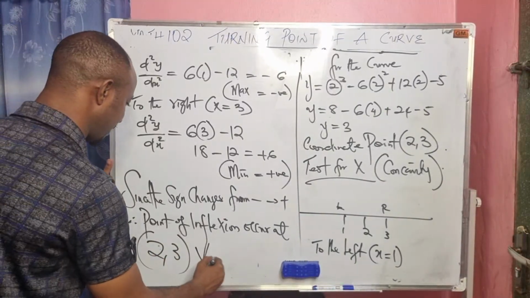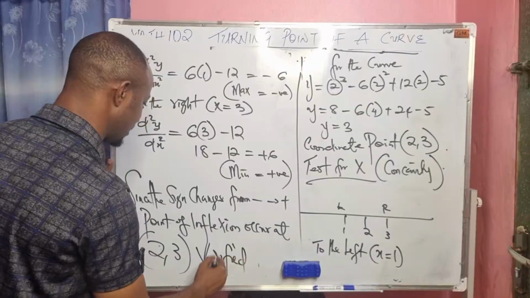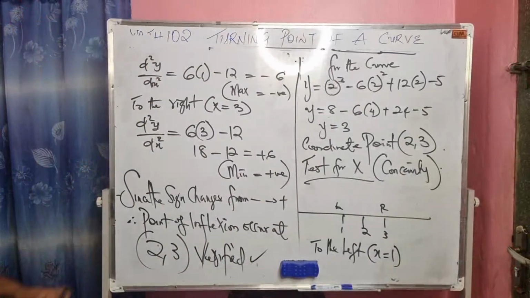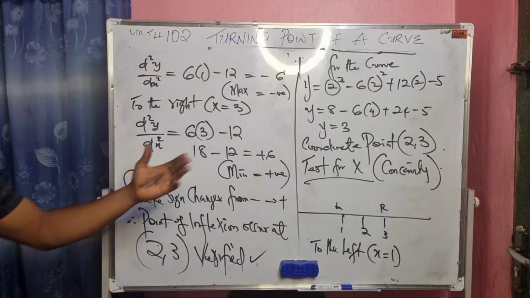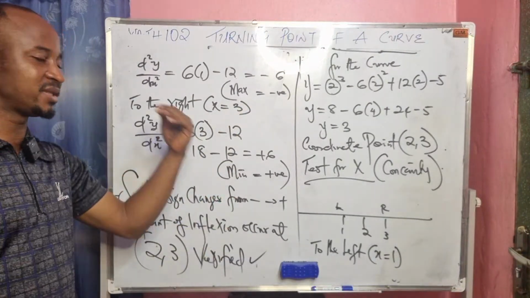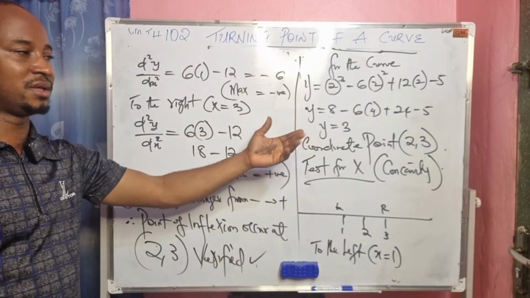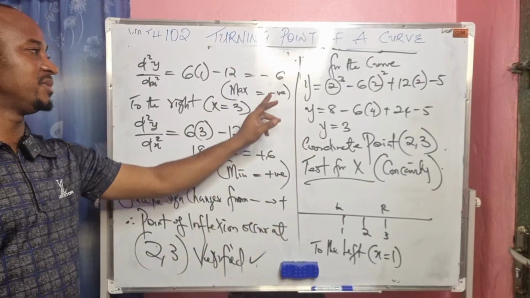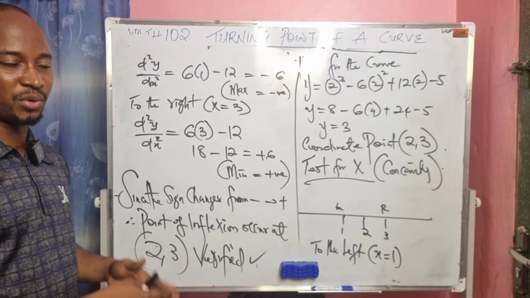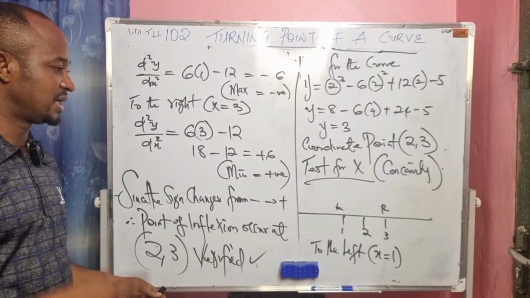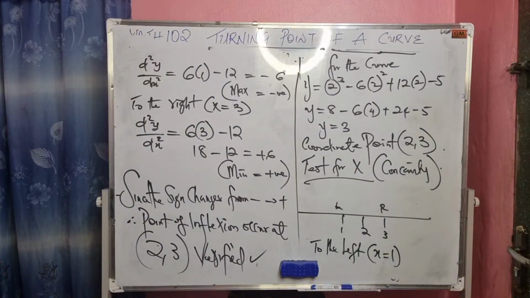This is verified. We have verified it. Okay? This is correct. It occurs at (2, 3). It must not always be negative to positive. It can also be positive to negative. But if these two signs are the same, it means there is no point of inflection at that point. Are you there? Okay. So let's see one or two examples.